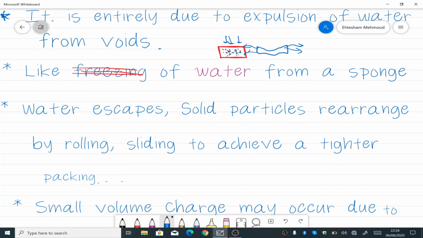So what happens in consolidation is that water escapes depending on the permeability. Then solid particles will rearrange themselves by rolling and sliding to achieve a tighter packing. That means that once we are compressing the soil, water is moving out, so there is also a reduction in the volume of the soil specimen.